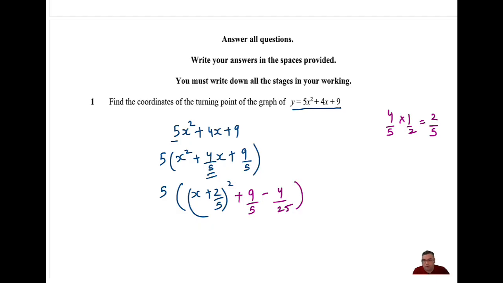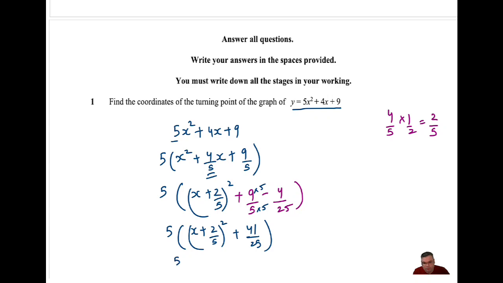I hope you understand this step. Now we just multiply by 5. So we can write 5 times x plus 2 by 5 squared, plus 45 by 25 minus 4 by 25, that is 41 over 25. Now let's multiply 5 with both terms.